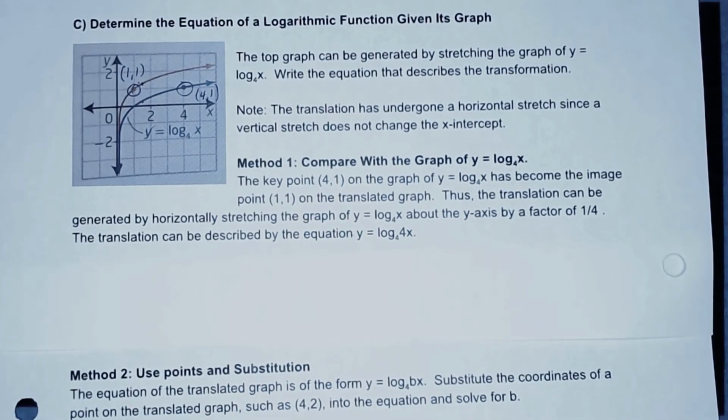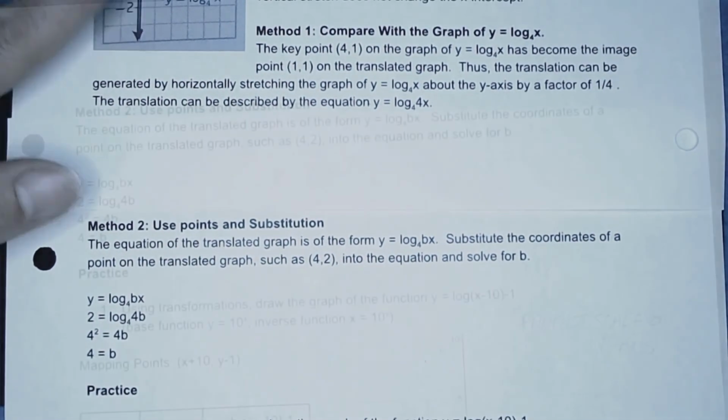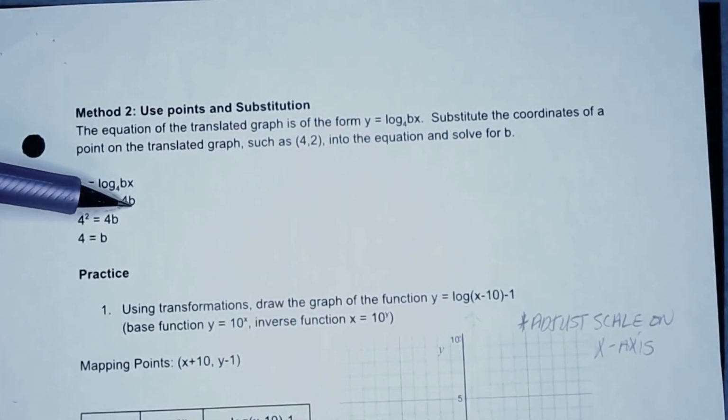Method 2 is use points and substitution. So the equation of the translated graph is of the form y equals log 4bx. Substitute the coordinates of a point on the translated graph, such as 4, 2, into the equation and solve for b. So you can just do it algebraically instead. We don't know b.